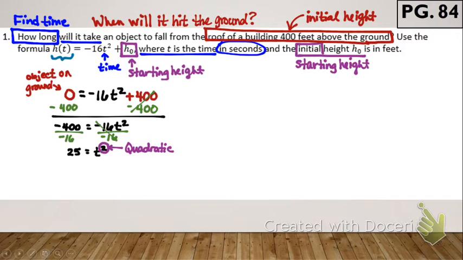Give me a synonym for solution. Roots. X-intercepts. What form do I want this in if I'm looking for the roots to the x-intercepts? Factored form. To put it into factored form, I need it equal to what? 0. Equal to 0. So let's subtract 25 from both sides.